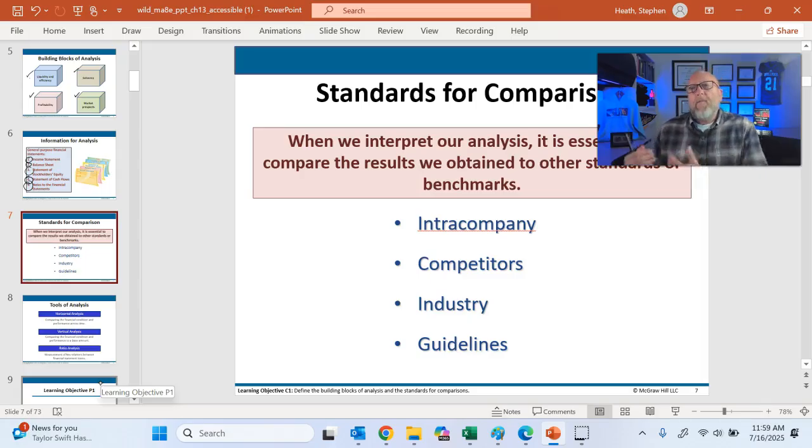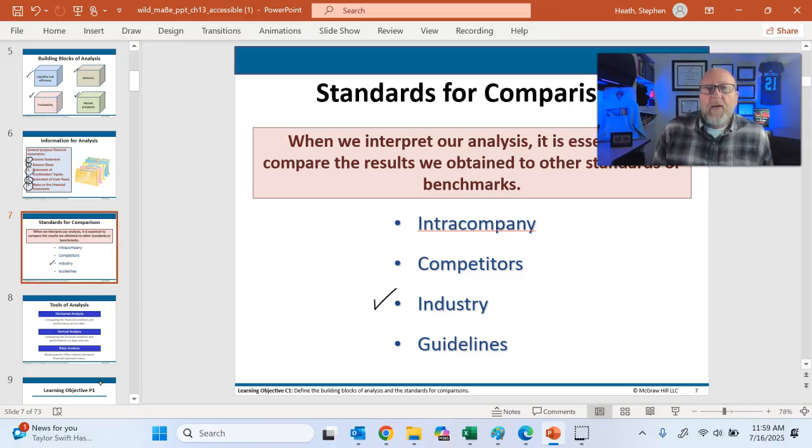But if our competitors are operating at 28%, or if their net income is 28% of their revenue, and we're only at 20%, then maybe there's something to be concerned about, right? So if we aren't as competitive as some of our closest competitors, that could be an issue, okay?